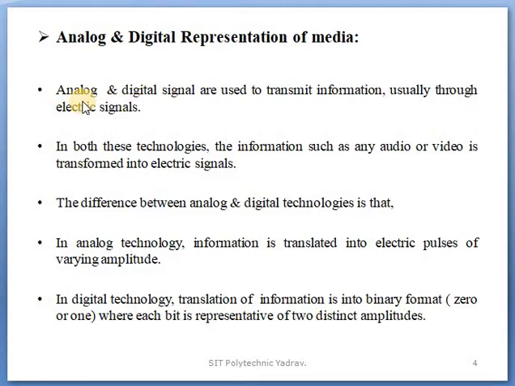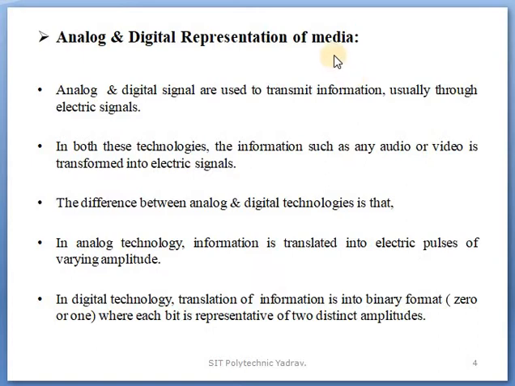Analog and digital signals are used to transmit information, usually through electronic signals. In both these technologies, information such as audio or video is transmitted as electronic signals.